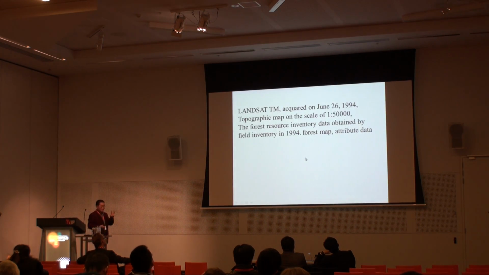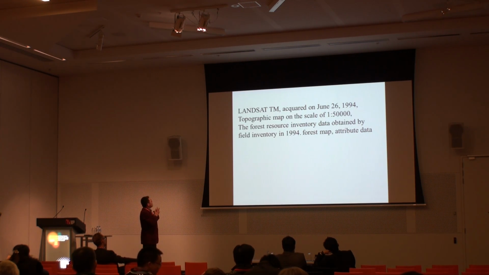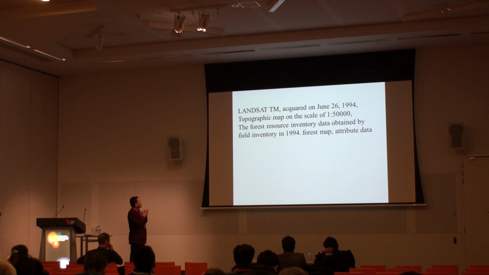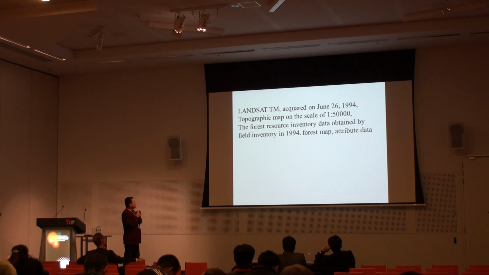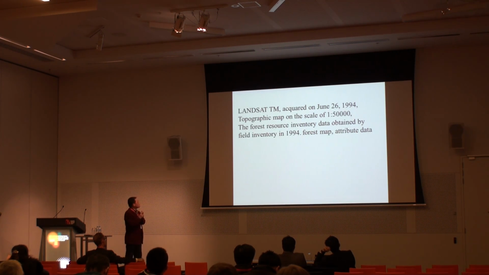I use three data sets. One is Landsat TM. This data was acquired on June 6, 1994. Another is a topographic map on the scale of 1 to 50,000. The third is forest resource inventory data.